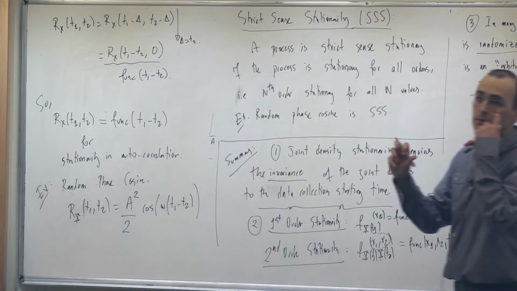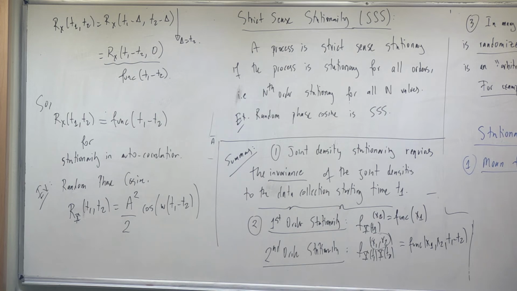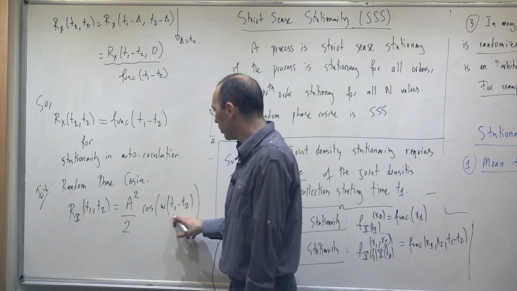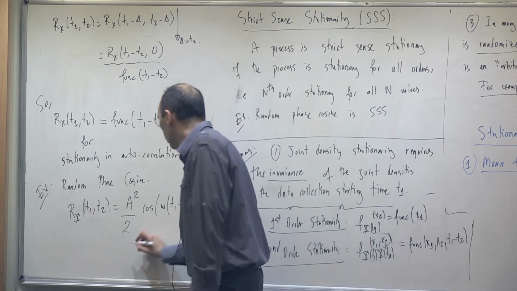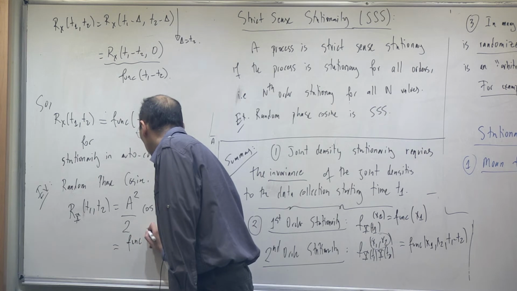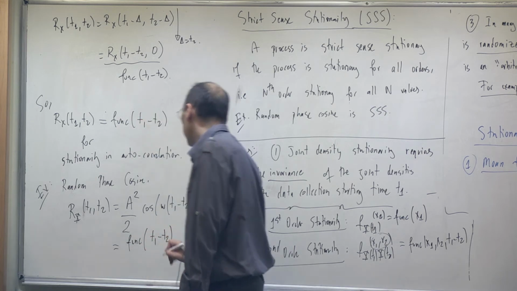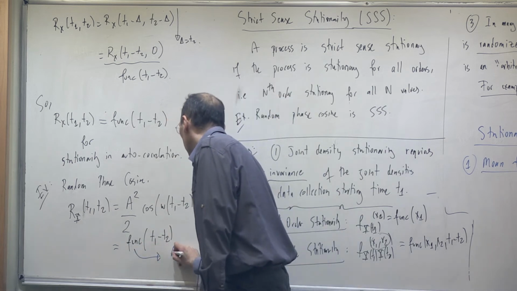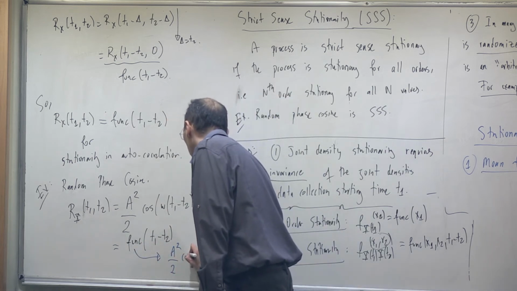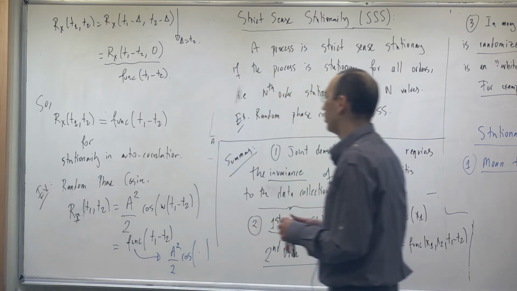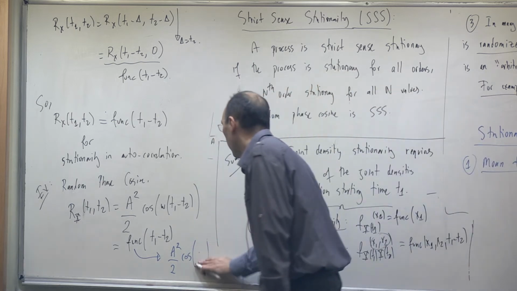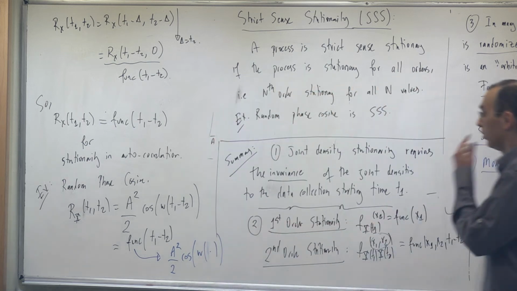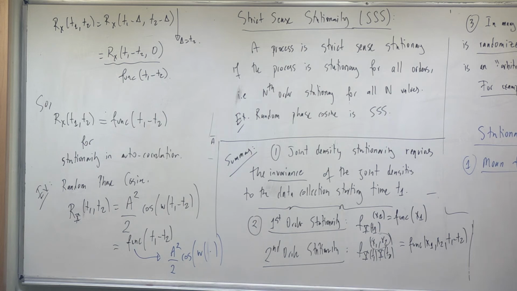At the beginning of the last hour, lecture number 30, we discussed this. So clearly this is a function of T1 minus T2, and that function is A squared over 2 cosine of omega times the argument.